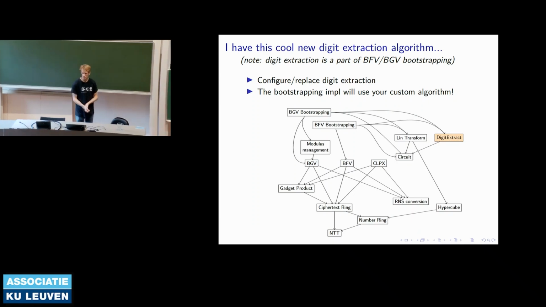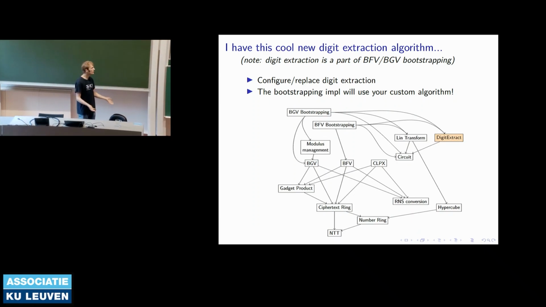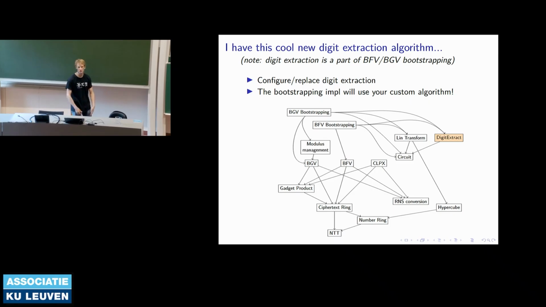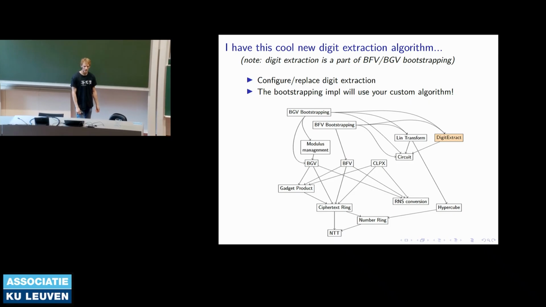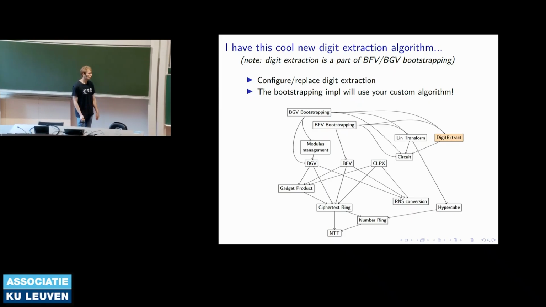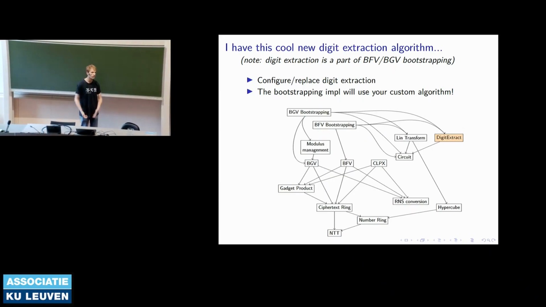So this is an interesting topic of research, and every time someone comes up with a better way of doing this, the question is, how much faster will this make bootstrapping? Instead of implementing bootstrapping from scratch or hacking your new digit extraction polynomials into a library, with Fheanor you could just plug them in. Just instantiate the existing bootstrapping procedure with your new polynomials and test them.